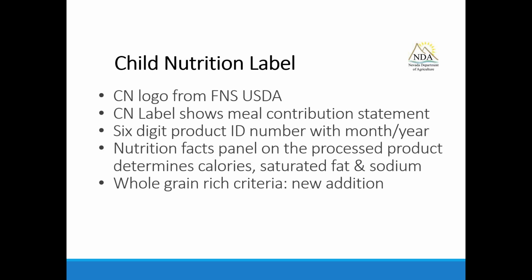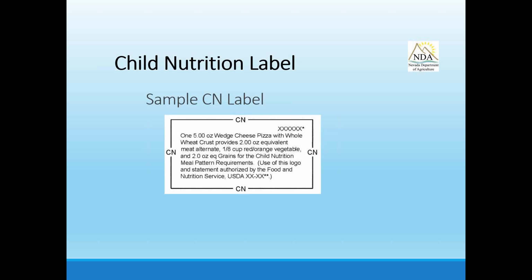It also includes a nutrition facts panel, which shows the processed product with determination of calories, saturated fat, and sodium. And these are the 3 target areas that we look at through the administrative review process. And a new addition is a whole grain rich criteria. So here's an example of a sample CN label, which should be familiar to most of you.